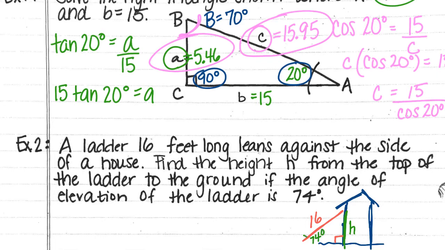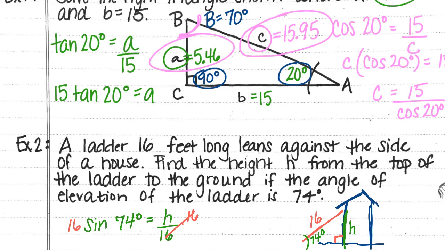Once again, I know that my calculator needs to be in degree mode. And I have an opposite and a hypotenuse, so I know that the sine of 74 degrees is equal to opposite h over hypotenuse 16. I can multiply each side through by 16.